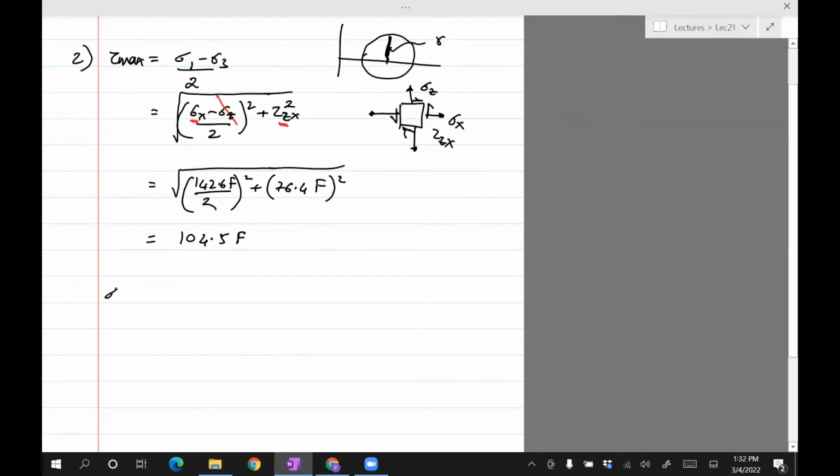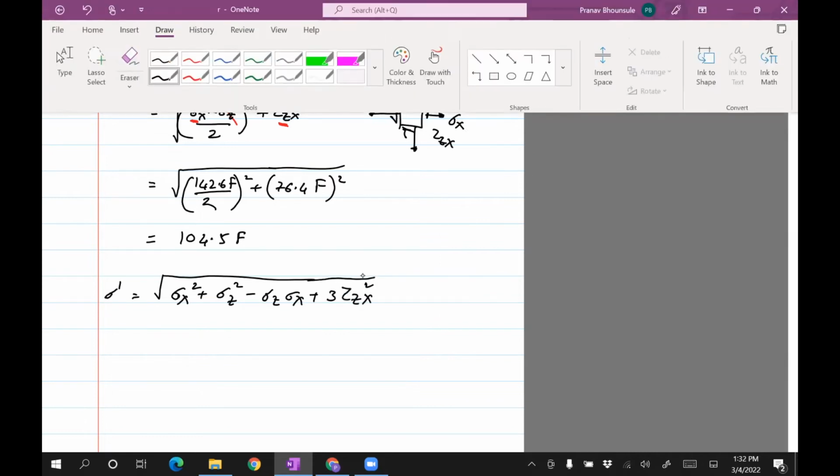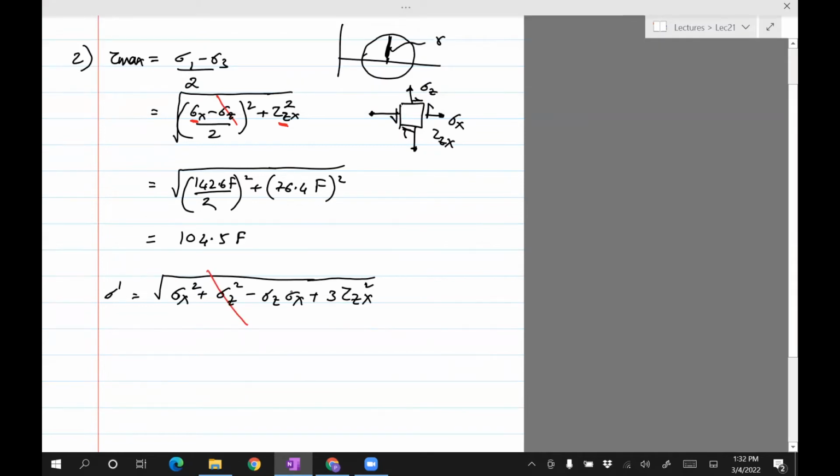Okay, now we can also compute the von Mises stress. That's also a formula in terms of sigma x, sigma y, sigma z, and tau zx. I think the formula in this case would be sigma x squared plus sigma z squared minus sigma z sigma x plus 3 times tau zx squared. So we know that this is 0. This will also be 0.